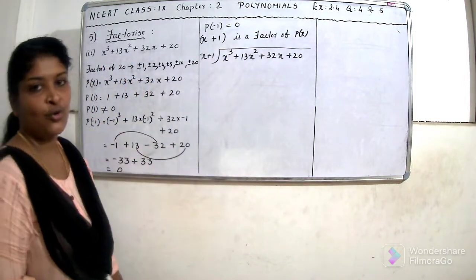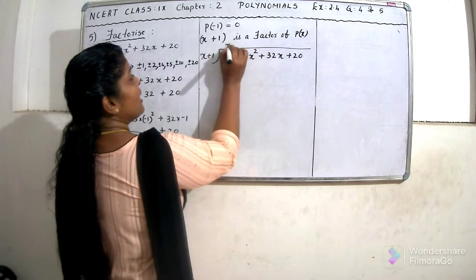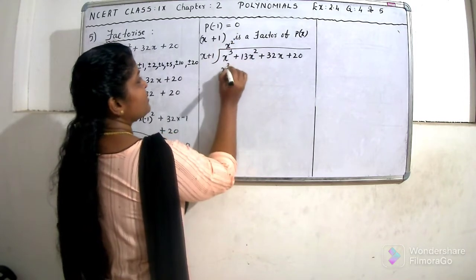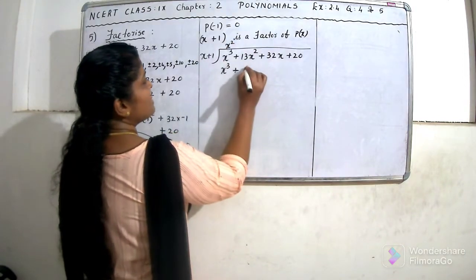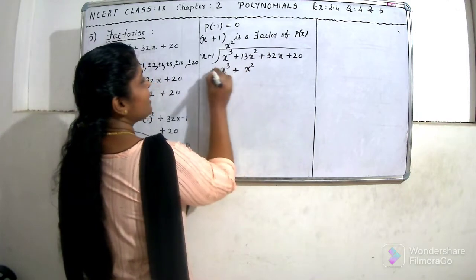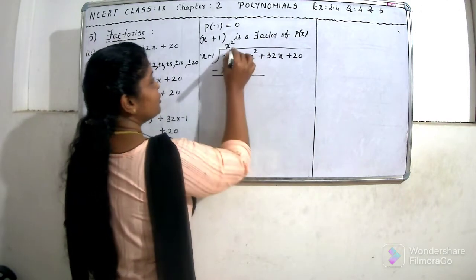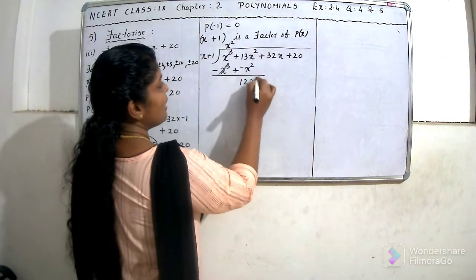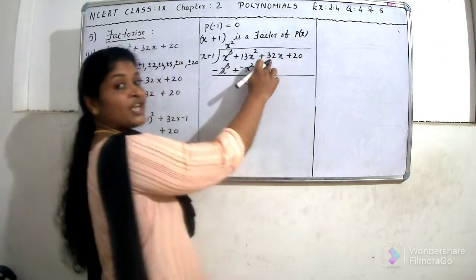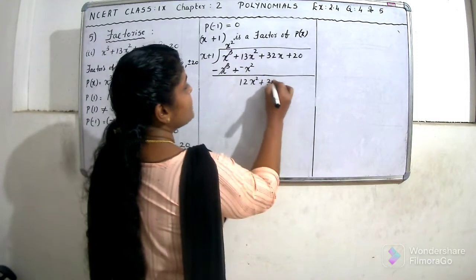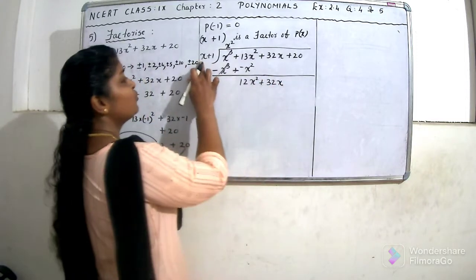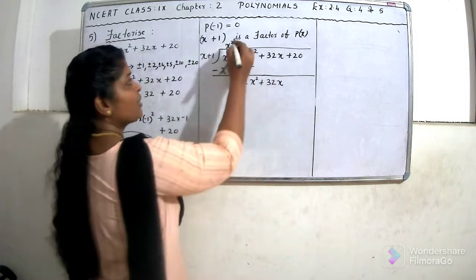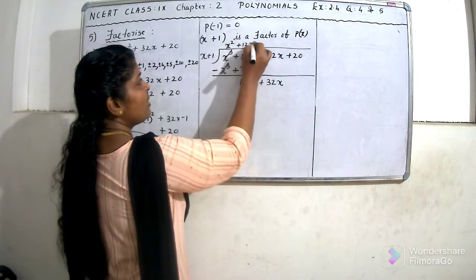Now we have to follow the procedure. x square, so x cube here plus x square, subtraction, signs are changing, elimination. Here we will get 12x square. Giving the chance to the next number, that is 32x, we have 12x square, so plus 12x.